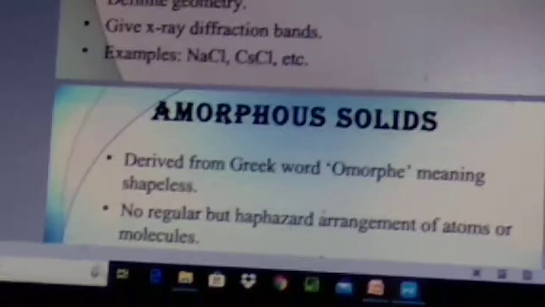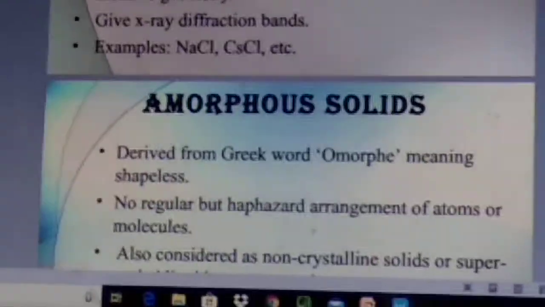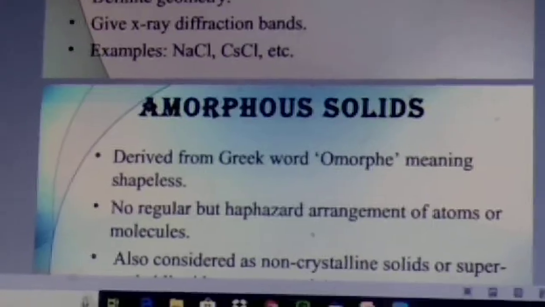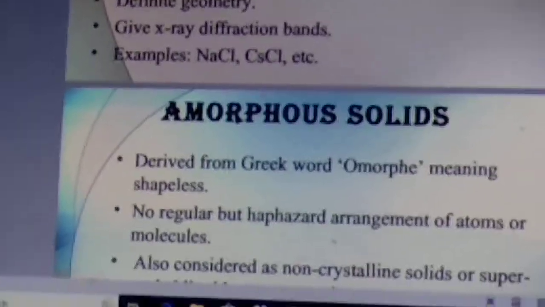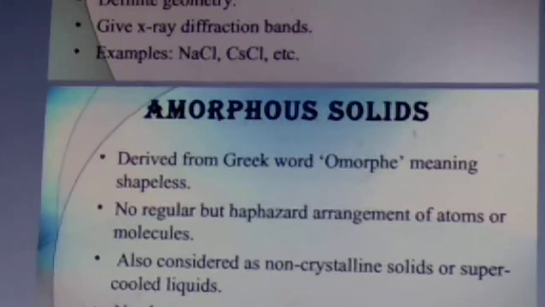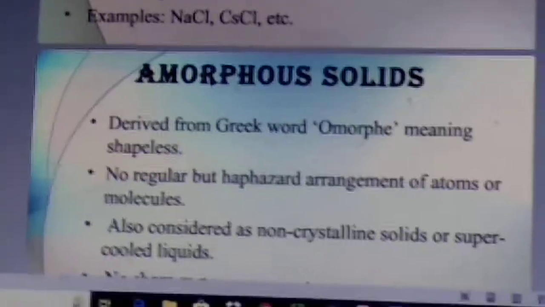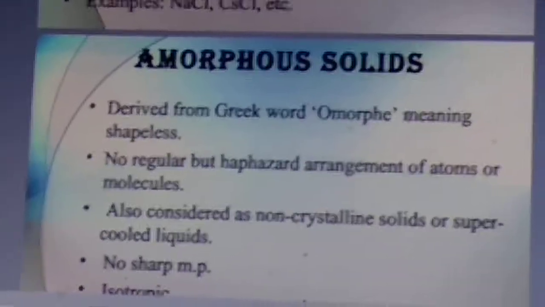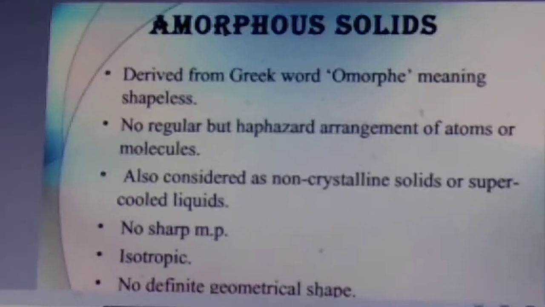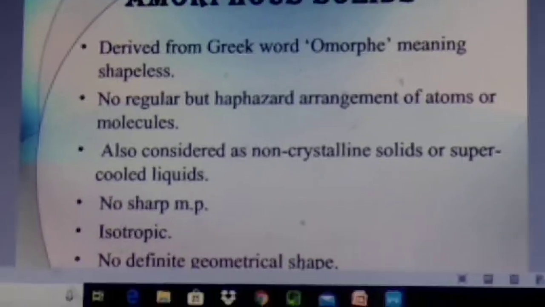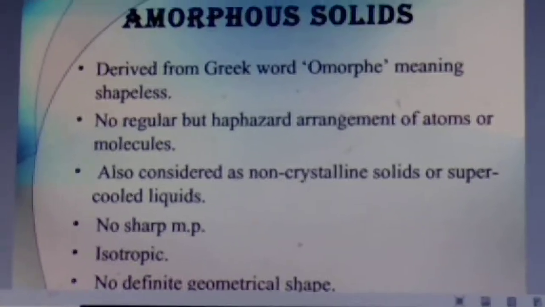Now I am coming to amorphous solids. Amorphous: a means no, morphous means form. They have no regular pattern of the constituent particles, but a haphazard arrangement. Non-crystalline solids are supercooled liquids, with no sharp melting point, and are isotropic. Students, I want to explain what isotropic nature is.